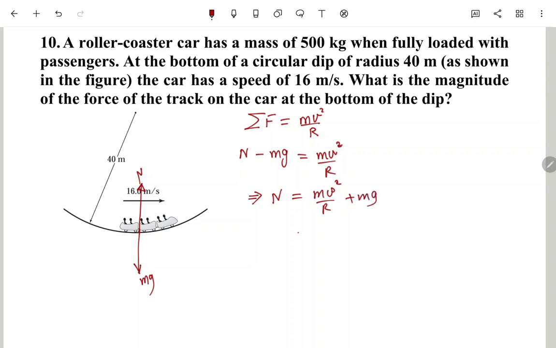You substitute numbers, you will find it's 500 times 16 square divided by 40 plus 5,000. In total, 8,200 Newton. This is the normal force, or the force exerted by the track on the passengers.